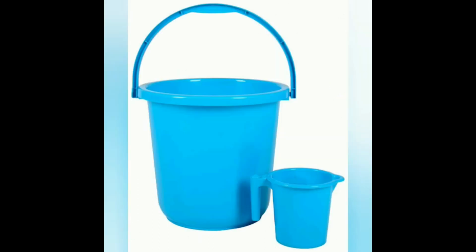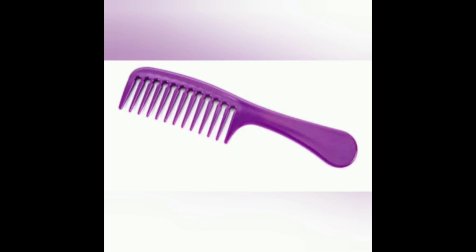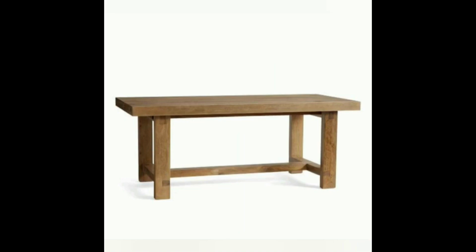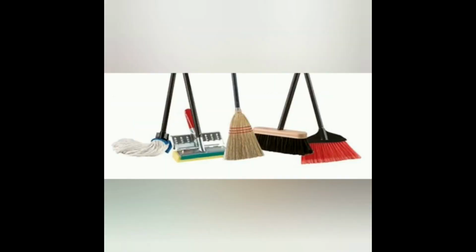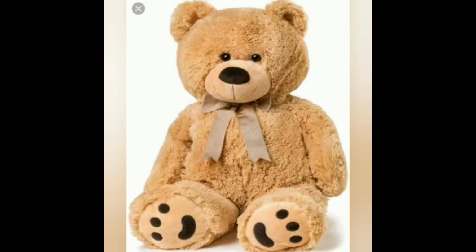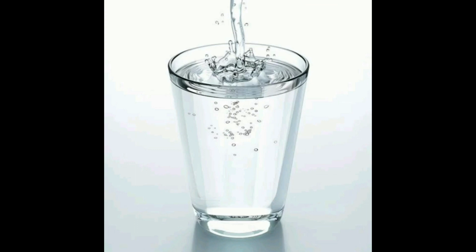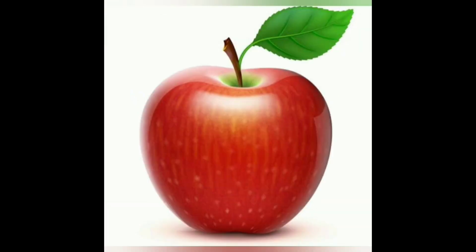The bucket and the comb are made up of plastic, while the table is made up of wood. The scrub brush and broom are rough, but the toy bear is soft. Light can pass through the glass of water and the spectacles, but not through the apple or iron box.